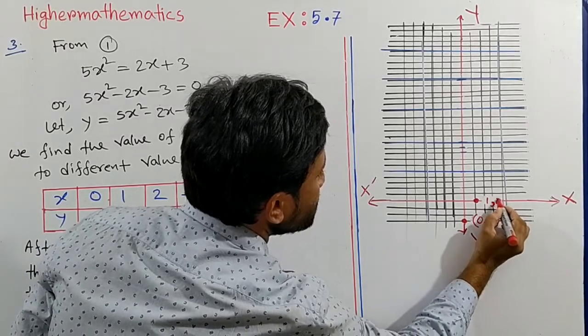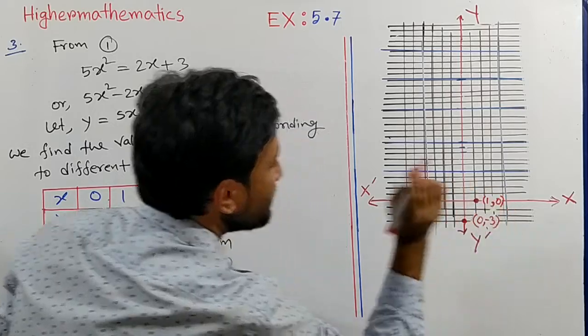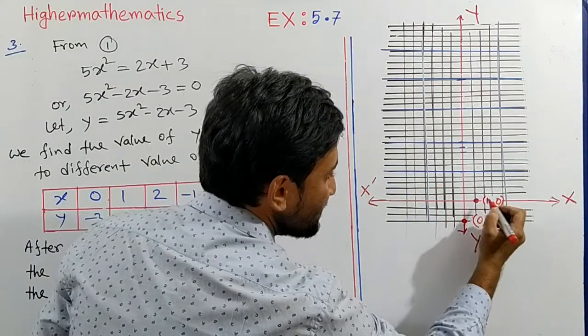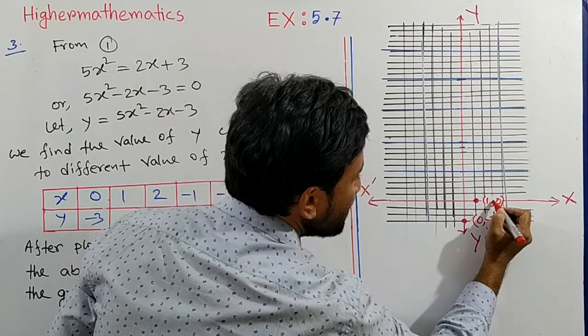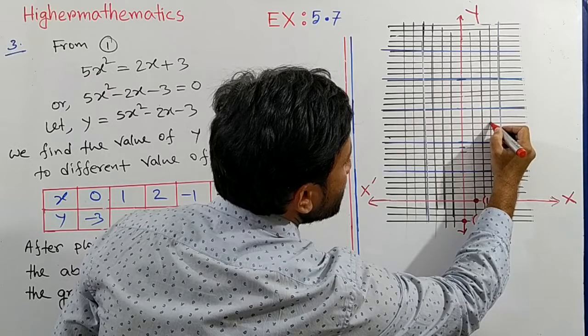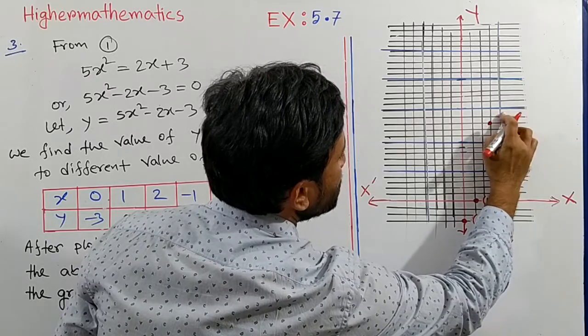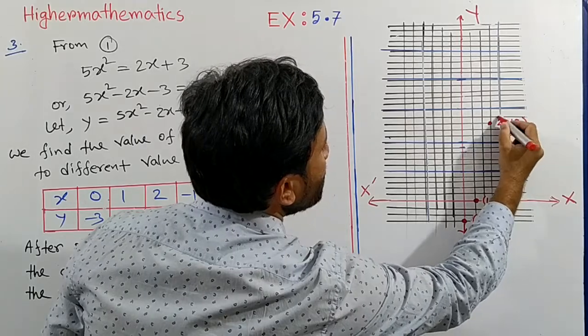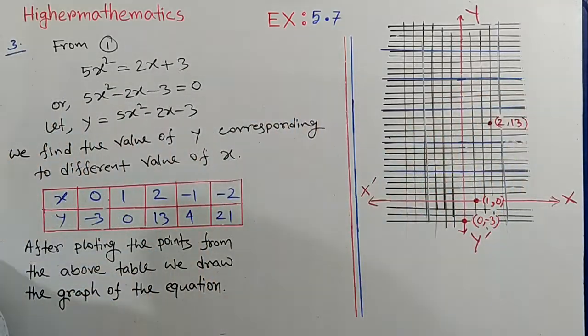And the next one is (2, 13). The value 2 on the x-axis, and then 13, counting 5, 10 and 13. This is the point (2, 13), so mark it. And then (−1, 4).